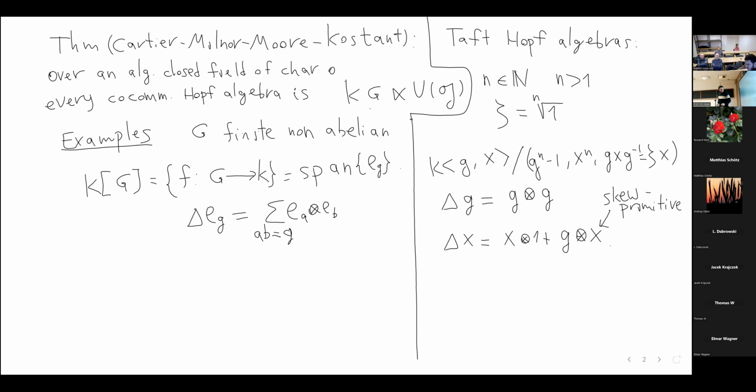Skew primitive means that I replace the 1 here by G, and notice that because I replaced the 1 by G, this is no longer co-commutative. When I do the flip, I get something that's not the same. Okay, so this was the Taft algebra.